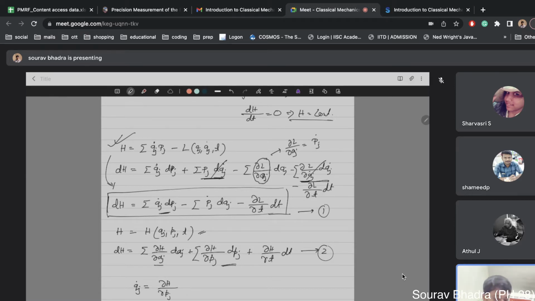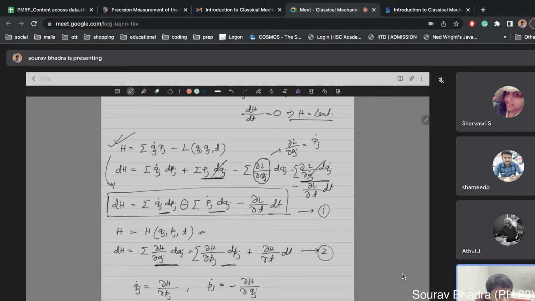And if we compare the first term with this second term, which is associated with dQj, it will give you Pj dot as minus del H del Qj. So here is a minus sign, and remember, this minus sign is the most important minus sign in the whole of classical mechanics, so never forget that.